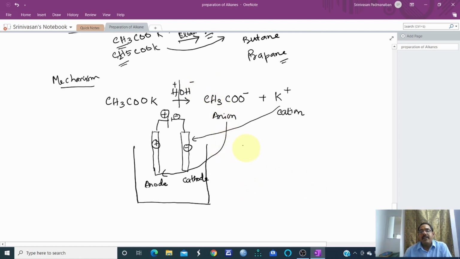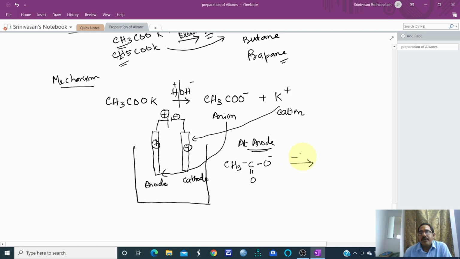So now I will give the reaction, how it takes place. At the anode, what reaction will take place? At the anode, what we said is that the anion moves to the anode. So this is the anion. So I will write like this. The anion moves towards the anode. What will it do at the anode?